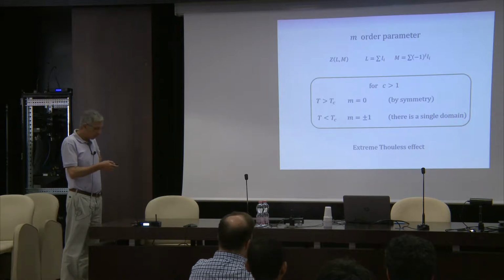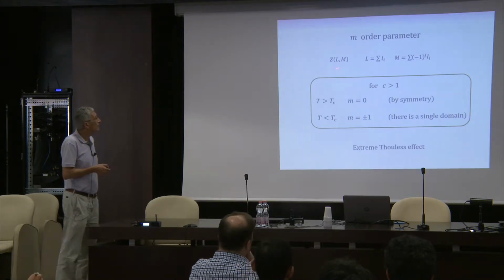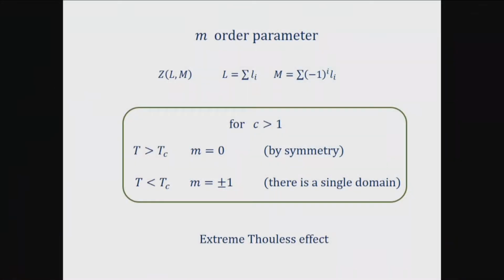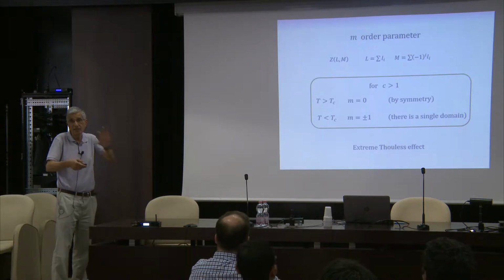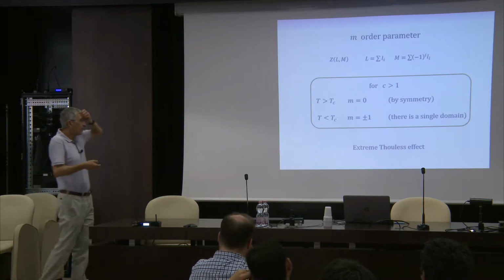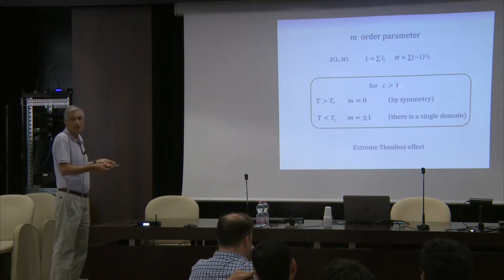Okay. The other order parameter is the magnetization, and basically it's the sum of minus 1 to the i times l_i, because the domains change magnetization from one to the other. And it's clear that if T is larger than Tc, you have many domains, and by symmetry, M is equal to 0.